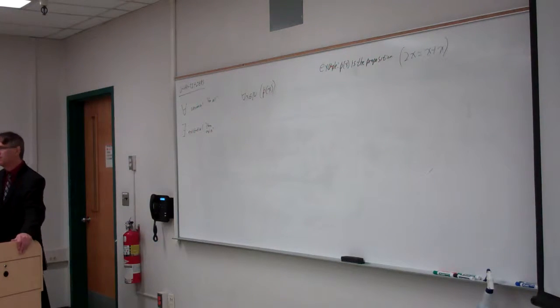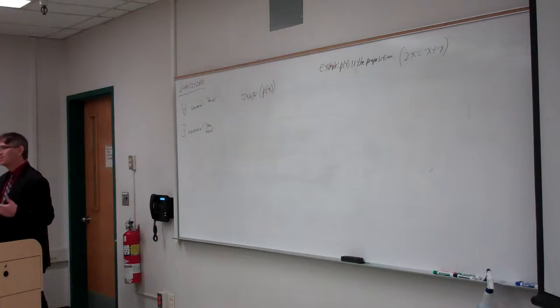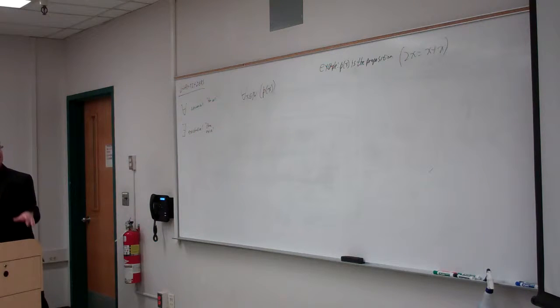So P of 5 is a proposition which says 2 times 5 equals 5 plus 5. P of 1,000,000 is a proposition that says 2 times 1,000,000 equals 1,000,000 plus 1,000,000. And we have a family of propositions here that we just call P of x.